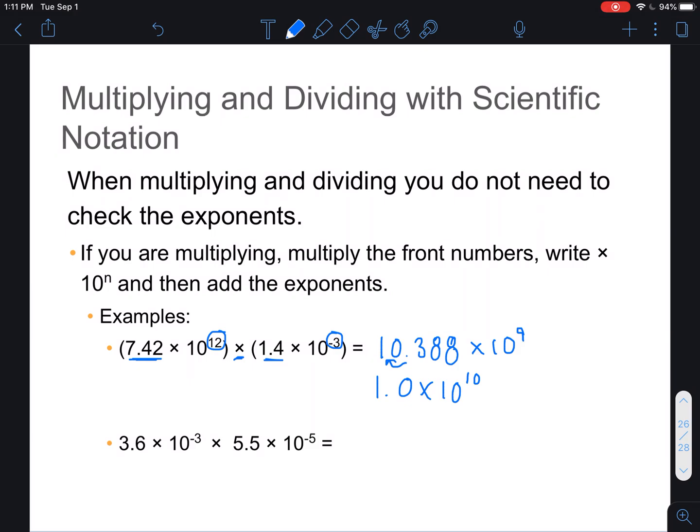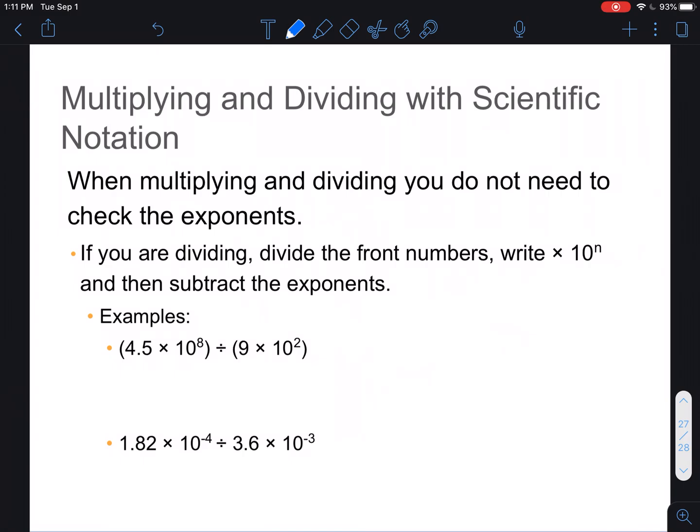Now for division, these first numbers, oops, that's multiplication. Let's jump ahead to division. So when you are performing these ones, these numbers again will be divided as usual.